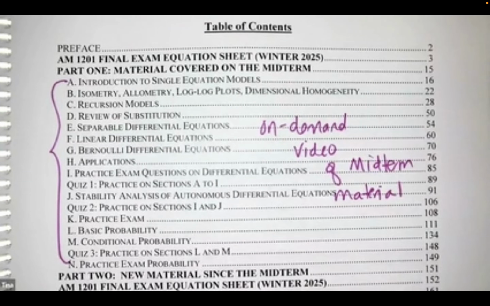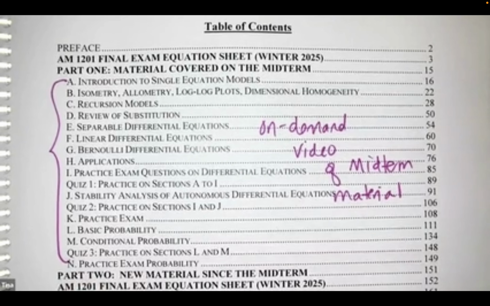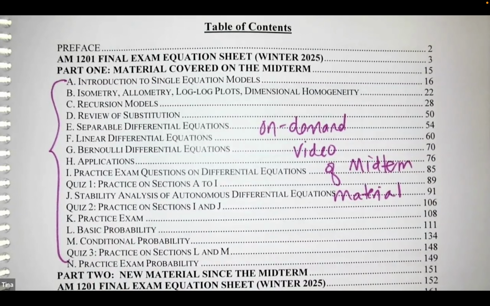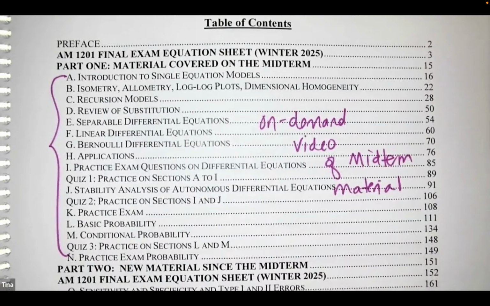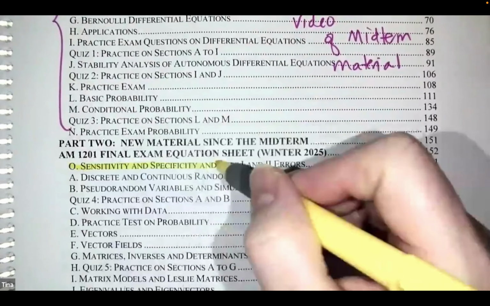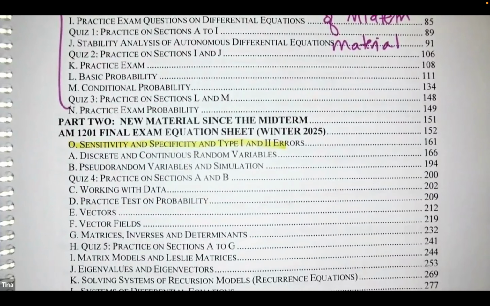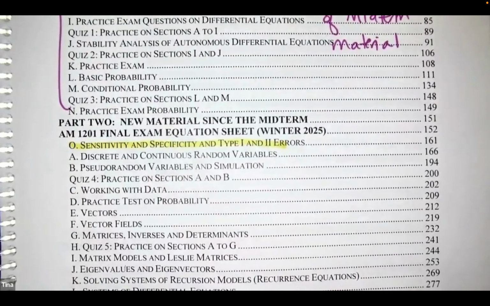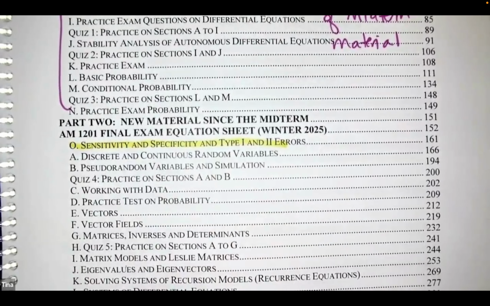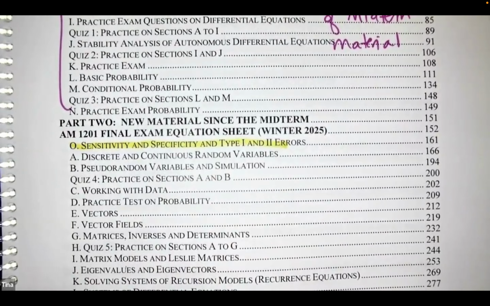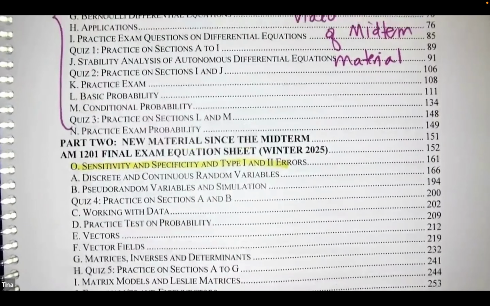This was a bit of a strange year because we didn't cover the very end of probability on your midterm this year. Things like type 1 and 2 errors and specificity and sensitivity, they didn't quite get to. That is normally on the midterm, so I just called it O because it's generally midterm material. That's where we'll start, and then we'll be continuing on here tonight and tomorrow. So same time tomorrow night, 5 o'clock on Zoom again, okay?